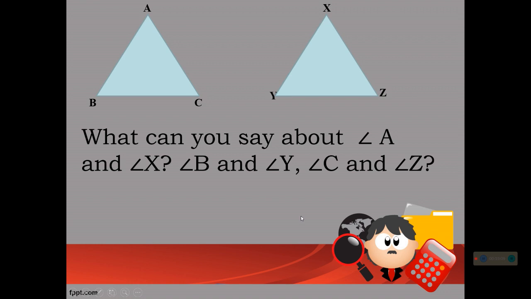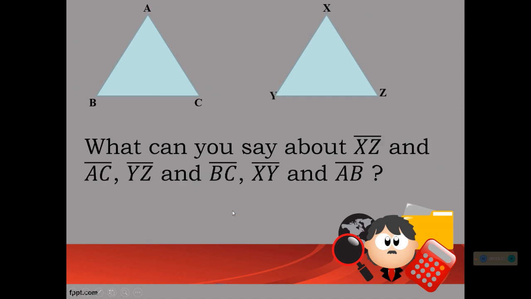What can you say about angle A and angle X, angle B and angle Y, angle C and angle Z? That's correct, they are corresponding parts of the triangles. How about segment XZ and segment AC, segment YZ and segment BC, segment XY and segment AB? They are corresponding sides of the two triangles.